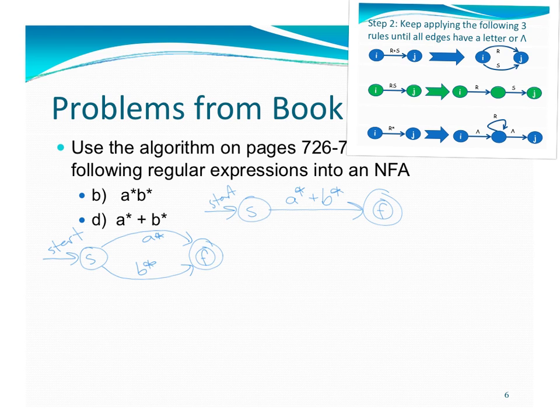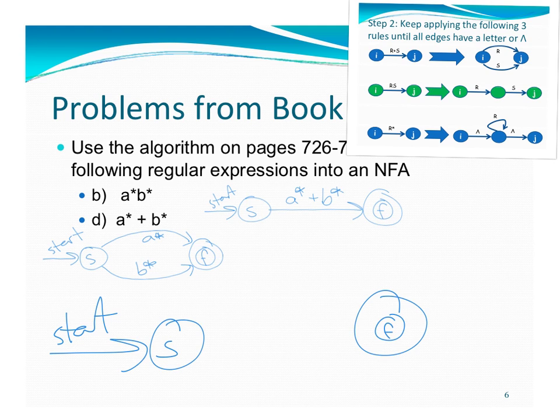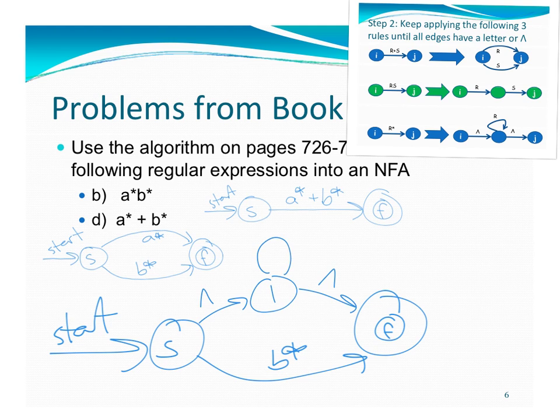So we'll copy everything except for that transition. So there's my start and my F and my B star. And of course we're going to apply this star rule. So we will have a lambda to a state 1 and a lambda leaving state 1 with an A loop.